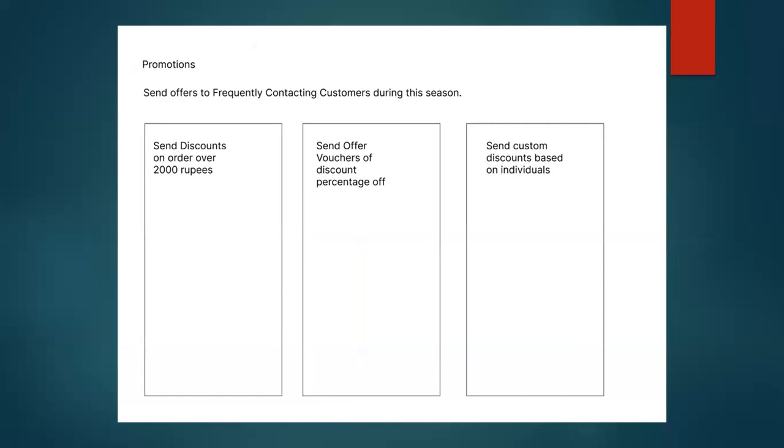Otherwise, I'm considering the particular customer during the particular season, then the discount price of a particular order. If the order is more than 2000 rupees, then I can give this particular discount. If the order has some vouchers, then some discounted vouchers are added, and according to the percentage we will give the discount to that particular customer.